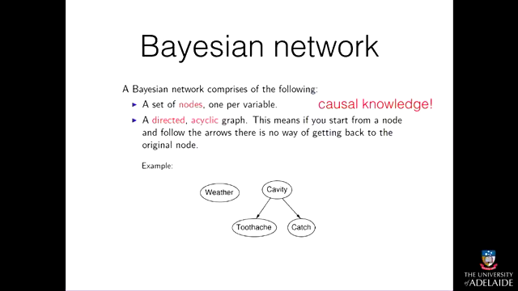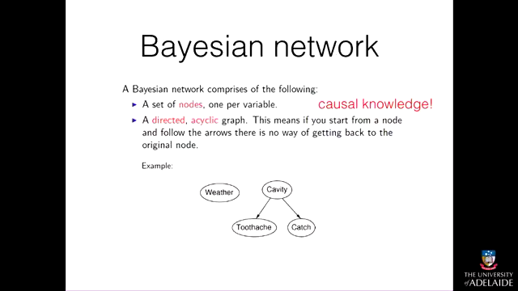And what does this link mean? This usually means the cause. The random variable at the tail is the cause, and the random variable that the arrow points to is usually the effect of the cause. So this actually encodes causal knowledge. Like in this case, we know cavity causes toothache, and cavity causes catch.